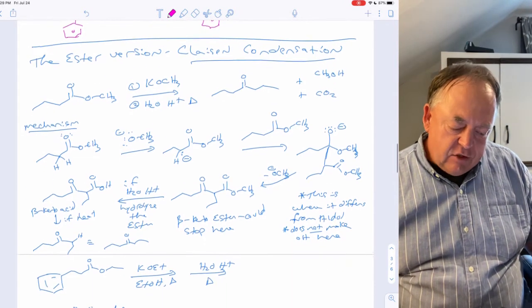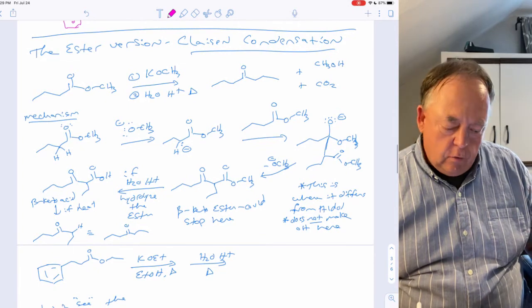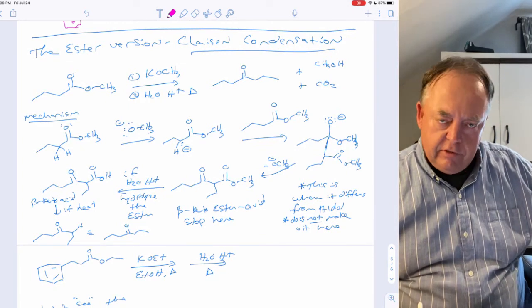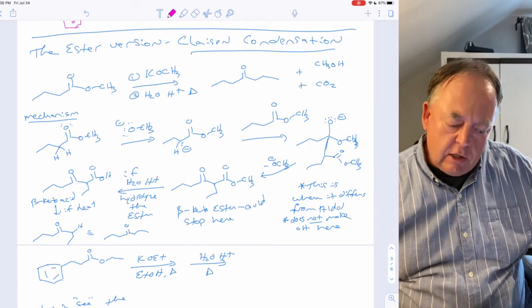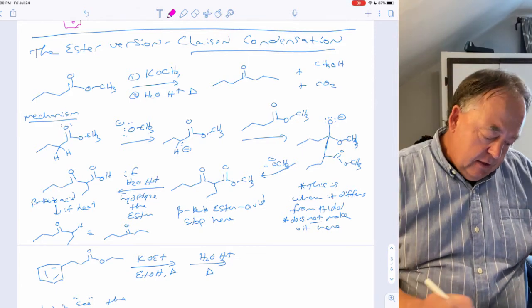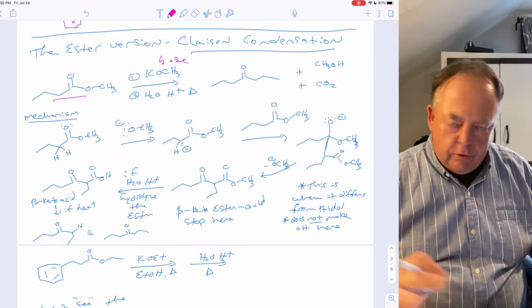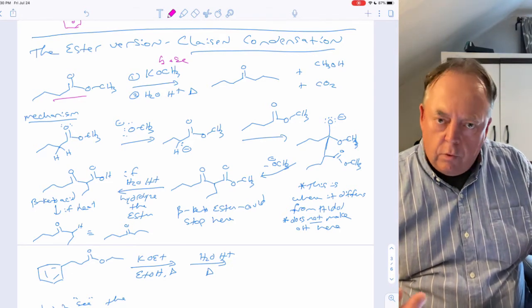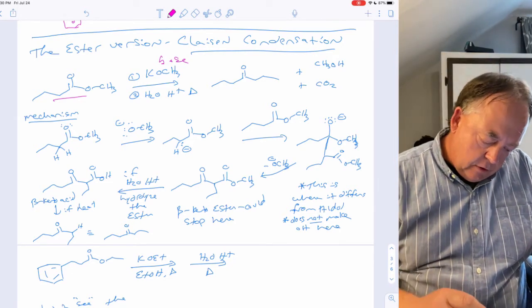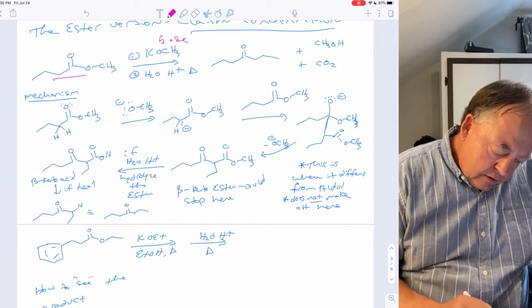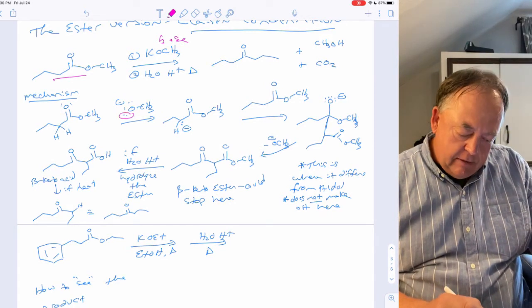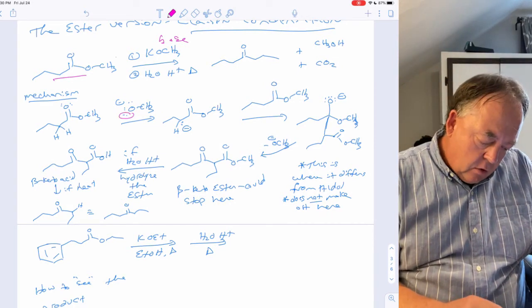Okay, so there's an ester version of this. If you used esters instead of aldehydes and ketones, then that's what's known as a Claisen condensation. So if you take an ester with a base and then don't give it anything else to react with, then it will react with itself. So here's the mechanism.